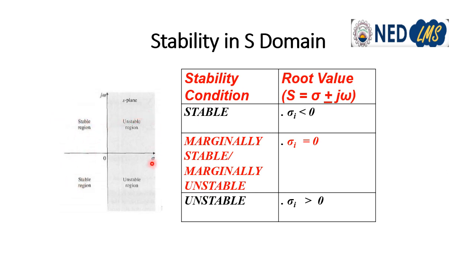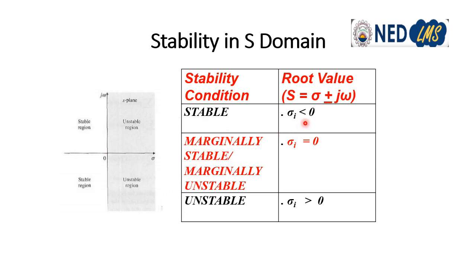And if our poles lie in the right half of the S plane, that is, sigma is positive, then we say that the system is unstable. And if our poles lie on the j omega axis, that is, they have pure imaginary values, then we say that the system is marginally stable, or sometimes we say that it is marginally unstable.